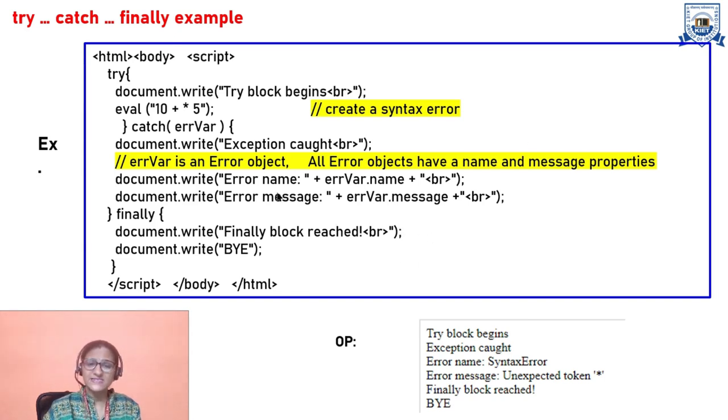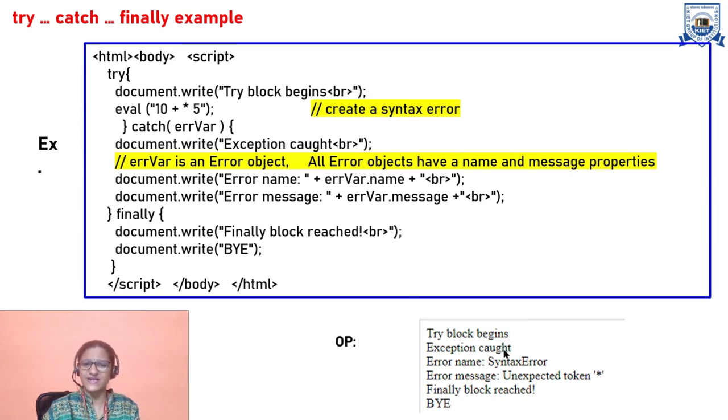And in that case, after all this exception handling, whatever is written in the finally block will definitely get executed. The output will start from here. The try block begins here. Now, as the exception has been caught, it creates a syntax error. So try has passed the exception to the catch. Catch has used this object, and here it has just written the exception caught message.